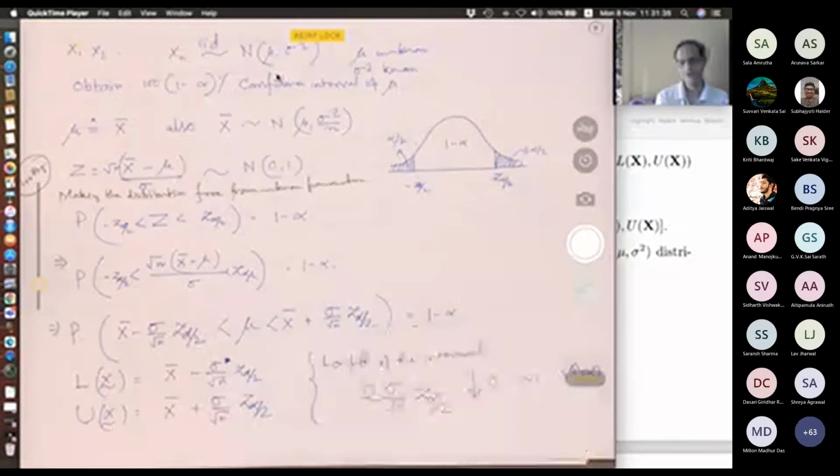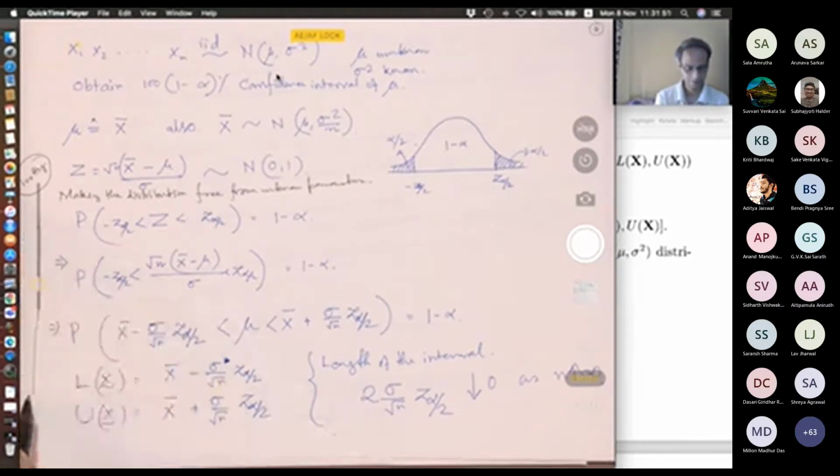For a given interval, for a fixed value of the parameter, it will be either within that interval or out of that interval. But the method by which you are constructing the interval must maintain that with probability 1 minus alpha, it will engulf the true value of the parameter. That is the idea of confidence.